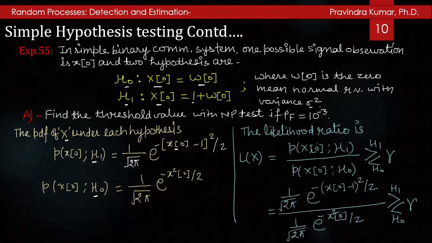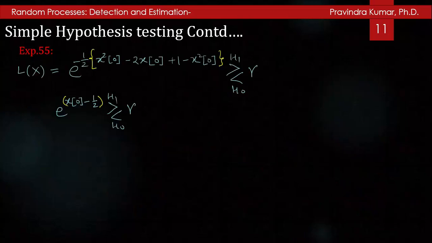So it will be 1 upon root 2 pi e to the power minus (x naught minus 1) whole square by 2 divided by 1 upon root 2 pi e to the power minus x square by 2, greater than or equal to gamma. After solving this we will get e to the power minus 1 by 2 (x naught square minus 2x naught plus 1 minus x naught square) greater than or equal to this threshold gamma.